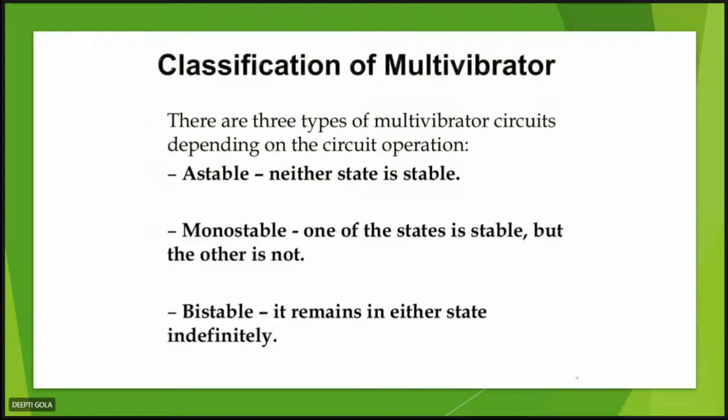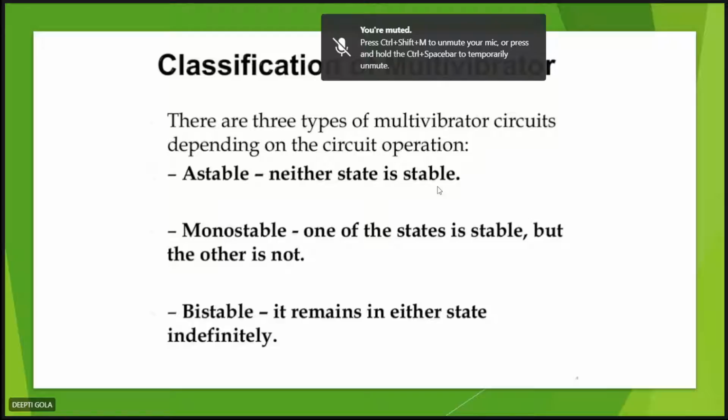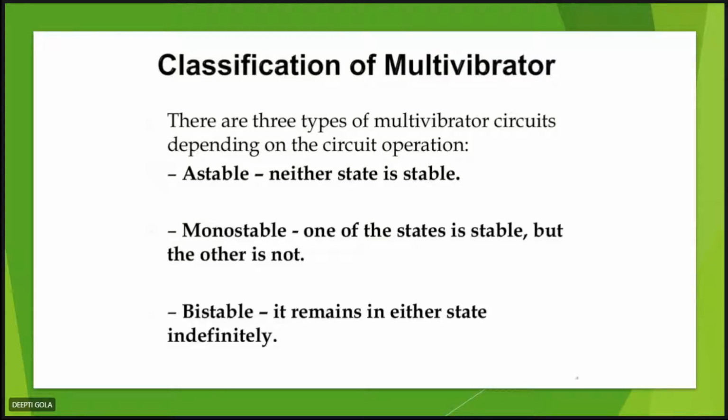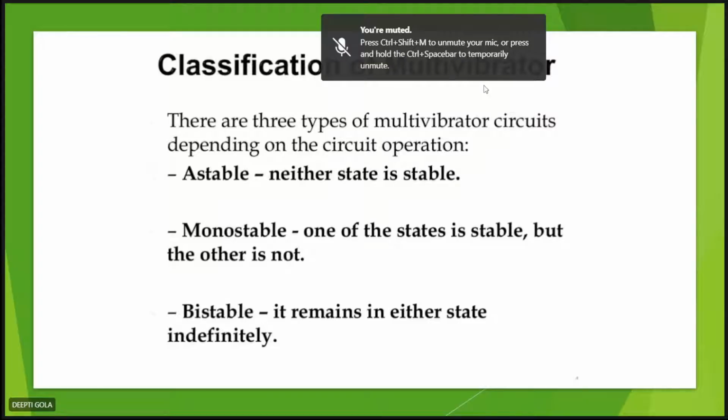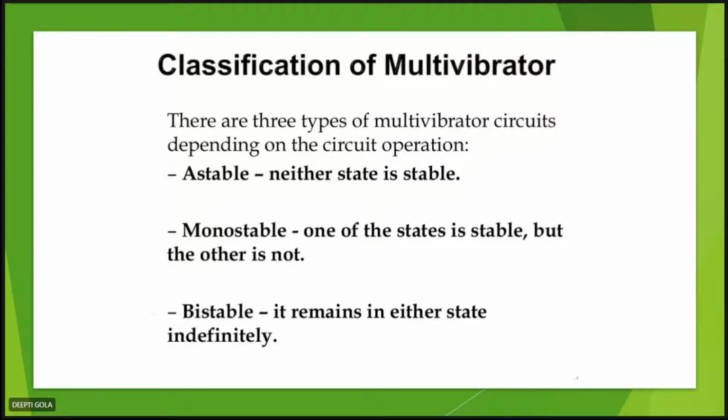For moving between the two states, you have to give an external trigger every time. So there are three types of multivibrators: astable, which has no stable state; monostable, which has only one stable state; and bistable, which has two stable states.